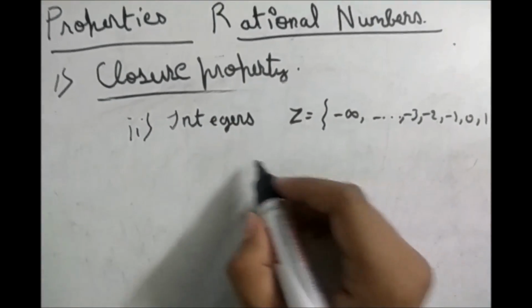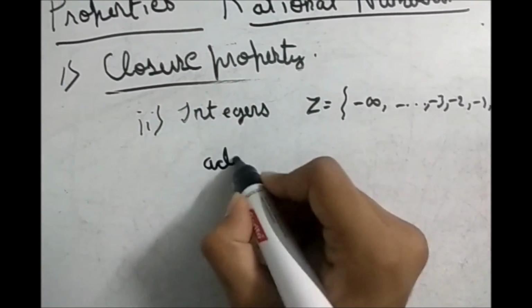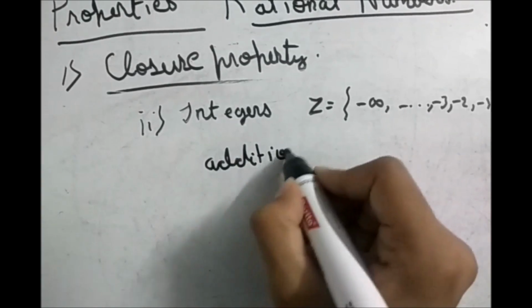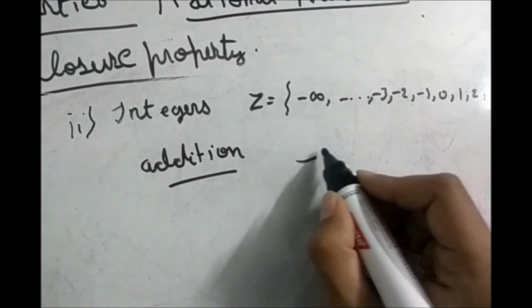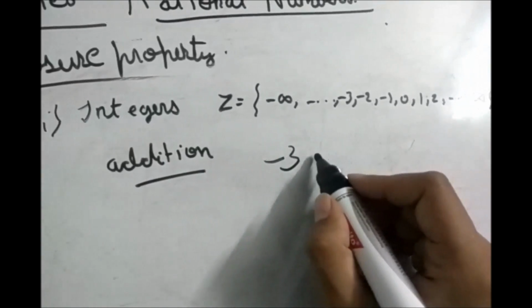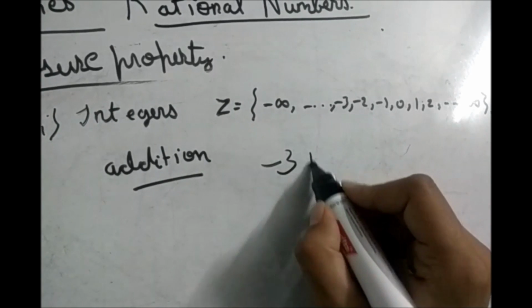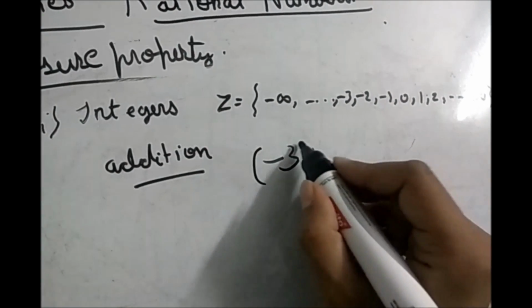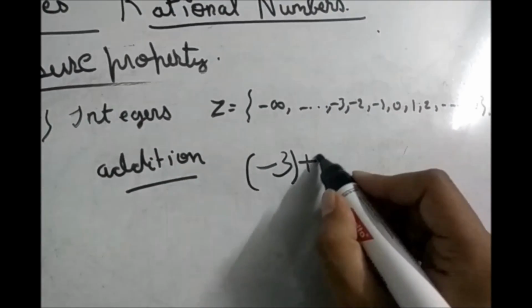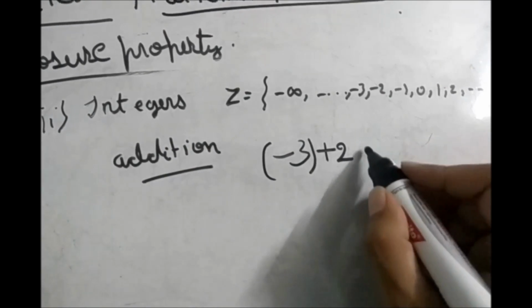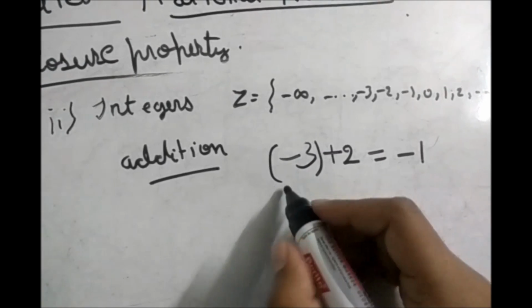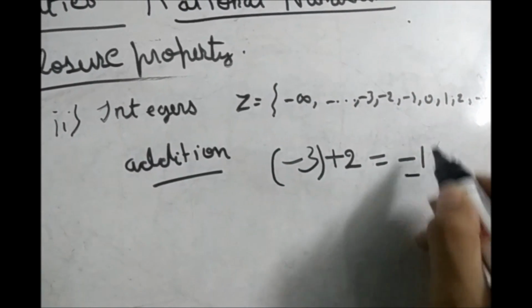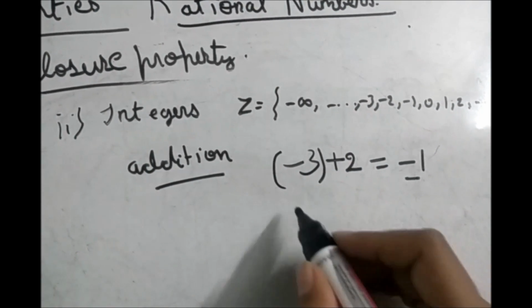Now if we take addition, we can consider any elements from the set. I will take minus 3 plus 2, which will be equal to minus 1, and which is present in the set of integers.